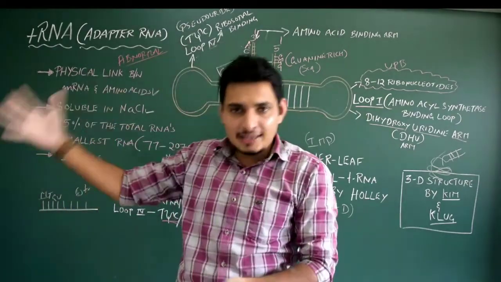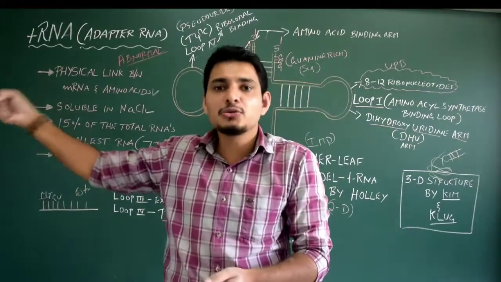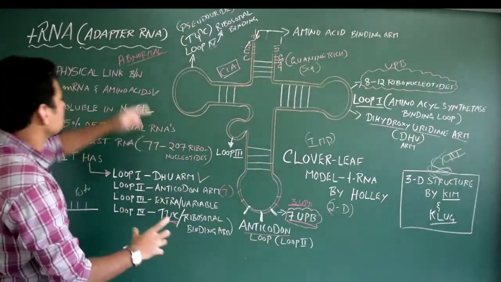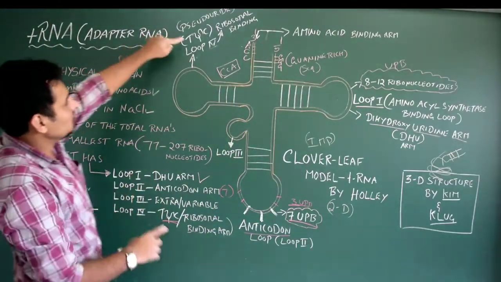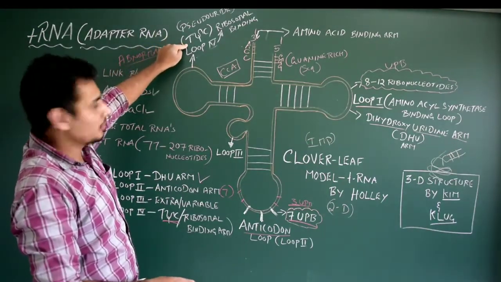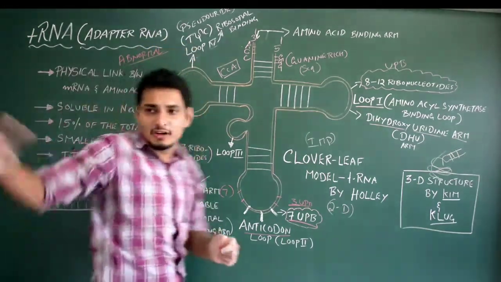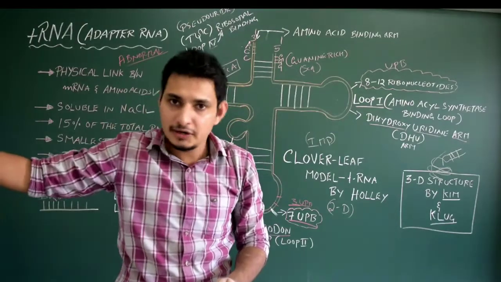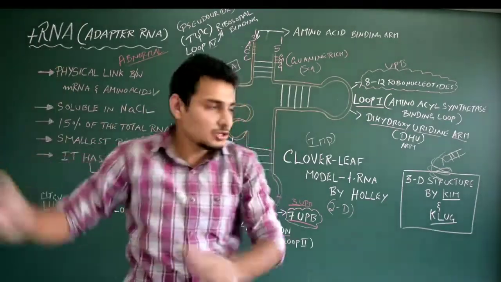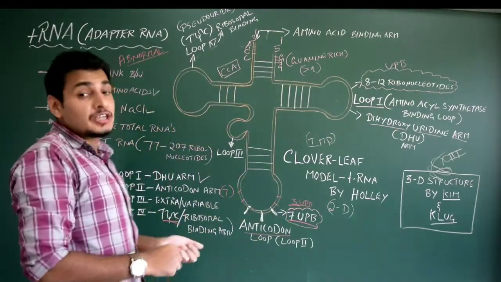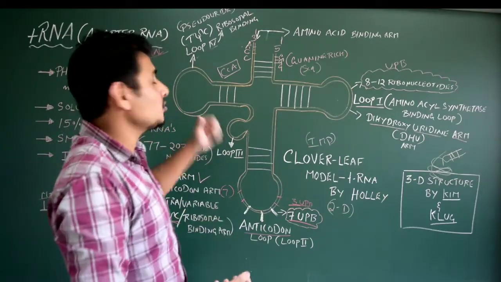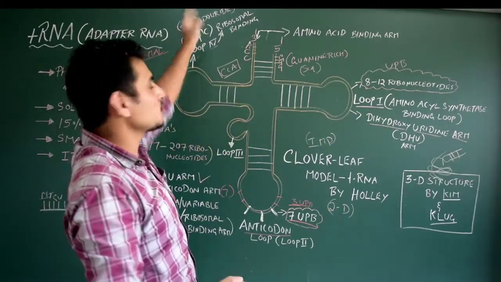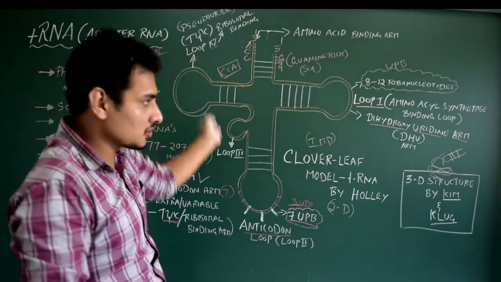So one loop should bind to the ribosome. Which loop binds to the ribosome? This loop will hold the ribosome tightly, to be firm. So remember, you may get a question: which arm or which loop actually binds to the ribosome? That is loop 4, which binds to the ribosome during translation.